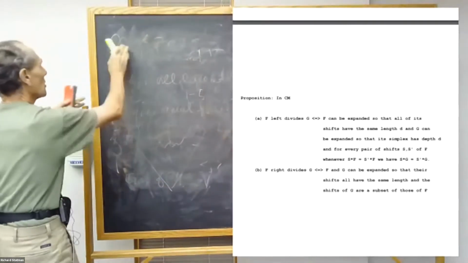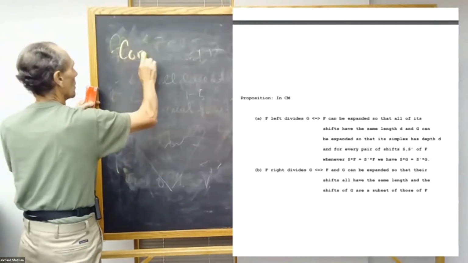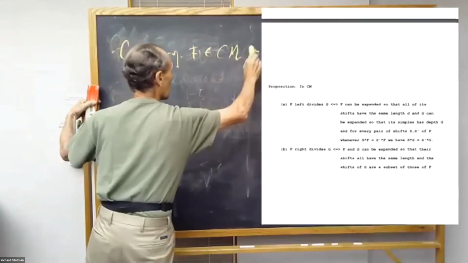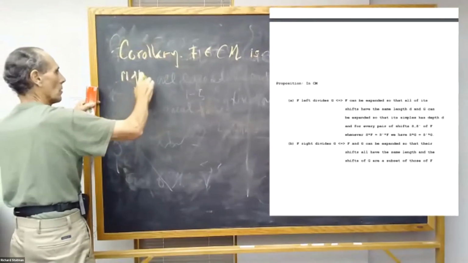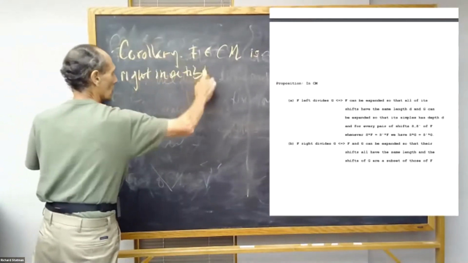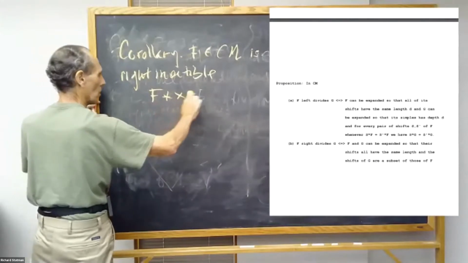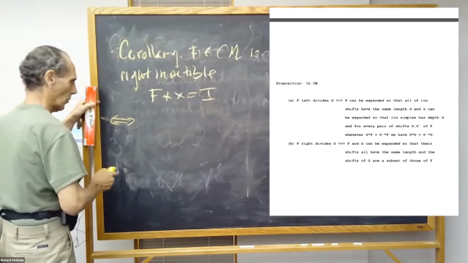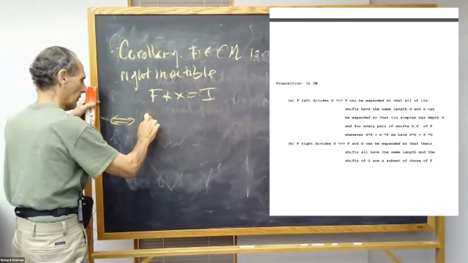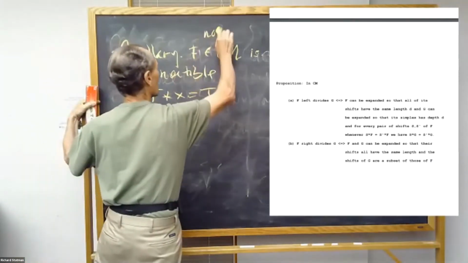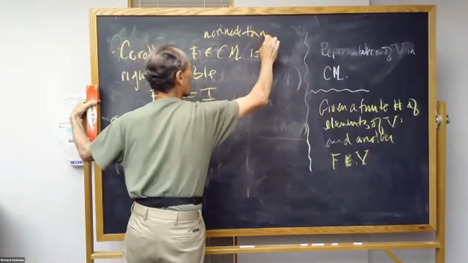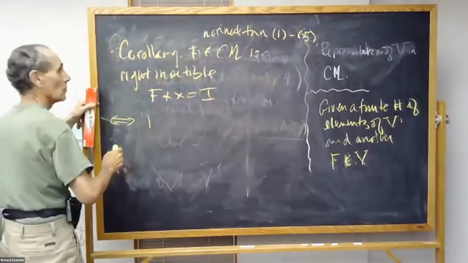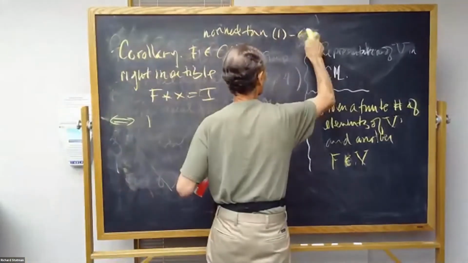Corollary: F, an element of Cm, is right invertible, that is, we can solve this, if and only if, F in normal form, 1 through 7.